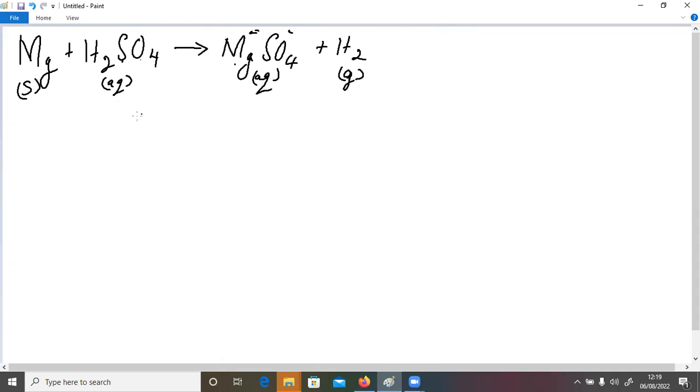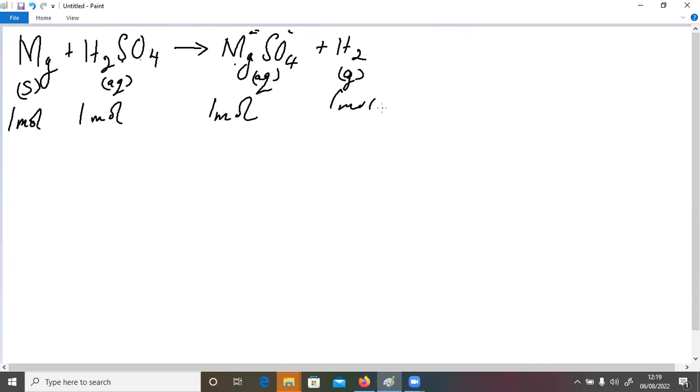So this is the correct formula. This tells me that 1 mole of magnesium will react with 1 mole of sulfuric acid to give 1 mole of magnesium sulfate and 1 mole of hydrogen gas.